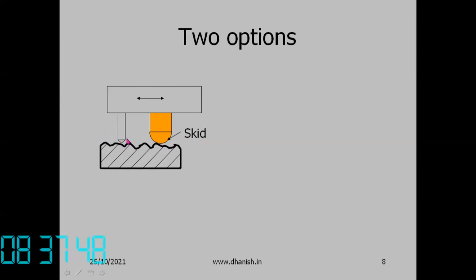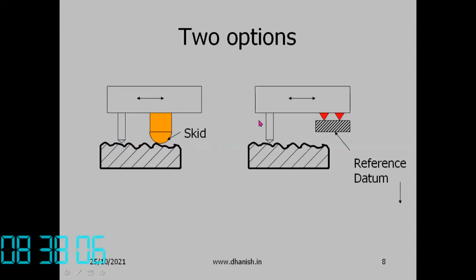The deviations of the stylus are measured with respect to this skid. Since the skid has a very large radius, it will just skim over the peaks of the surface, and we can measure the depths using this stylus. This is the skid type instrument, which was the only instrument available for quite a long time.